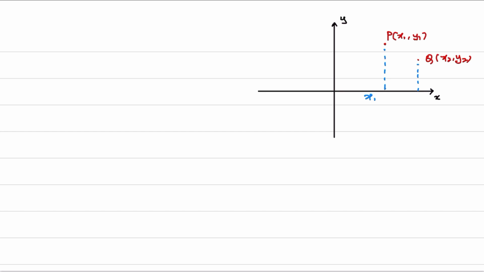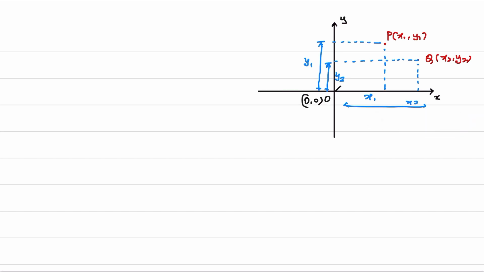Here this distance is x1, here this distance is x2, here this distance is y1, and here this distance on the y-axis is y2. And O is the origin.